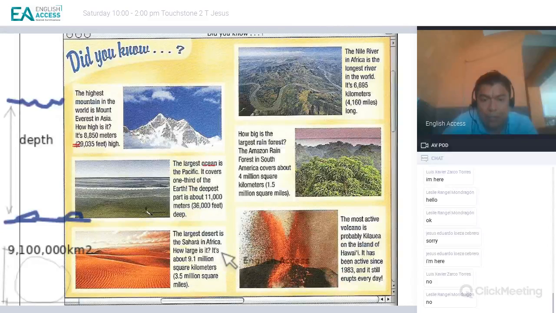Let's call that X. This is X. And this is Y. So we multiply X times Y equals 9.1 million square kilometers. Is this confusing or is this okay?